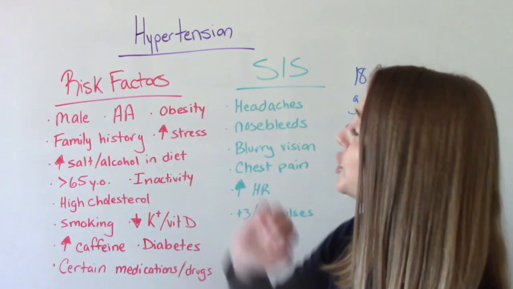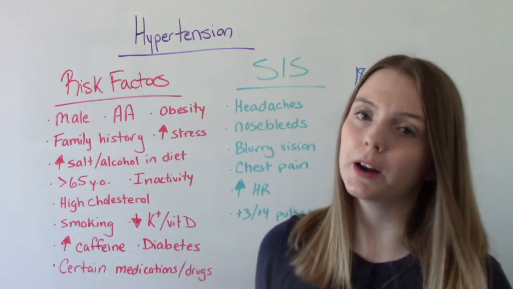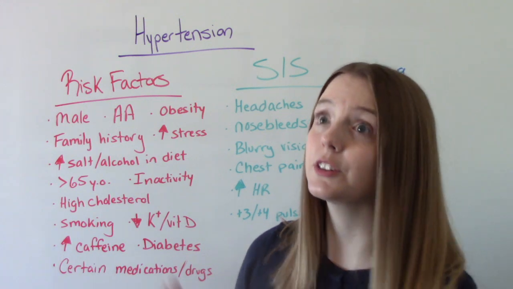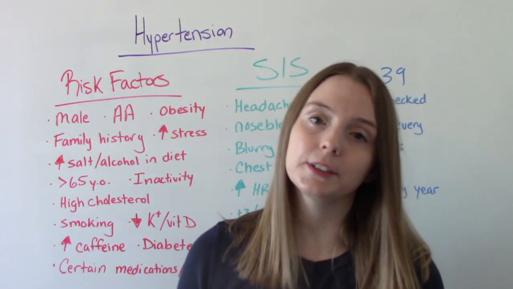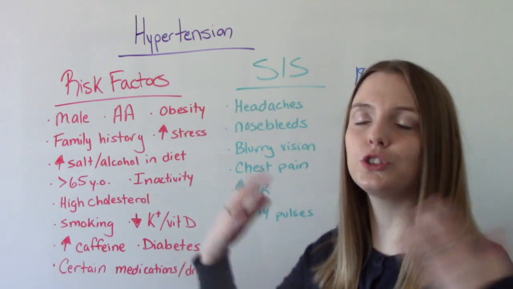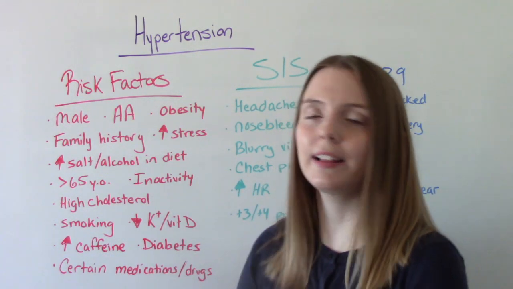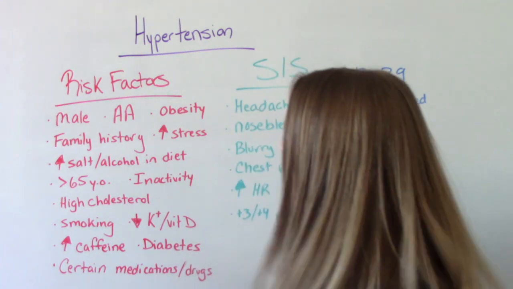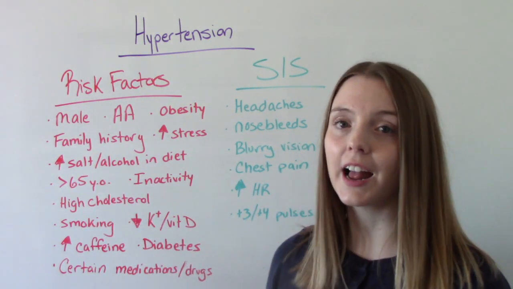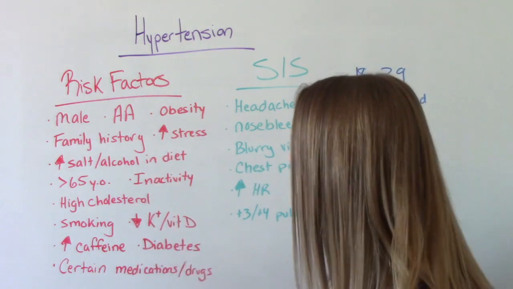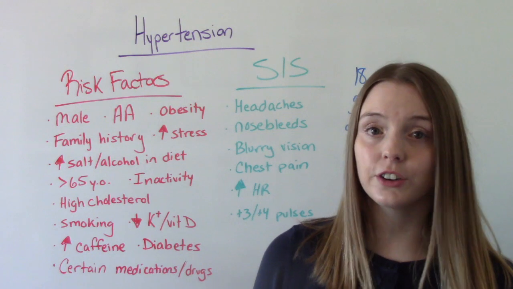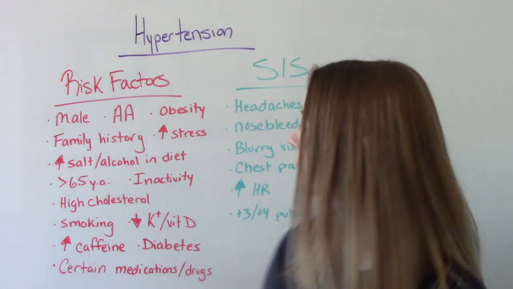Things like your gender, being male, being African American, or being obese. If you have a family history, there's a big genetic component to hypertension. If you have a very stressful life, you have high stress levels all the time, you are more likely to have higher blood pressure. When it comes to your diet, if you have a lot of salt in your diet, you drink a lot of caffeine or alcohol, you don't get enough potassium or vitamin D in your diet, those are risk factors.